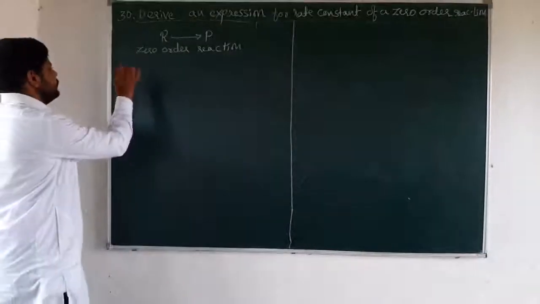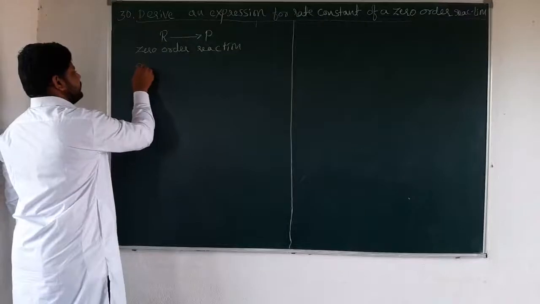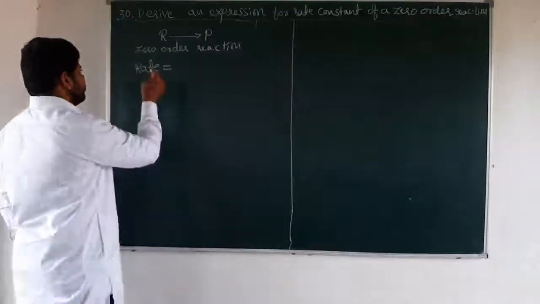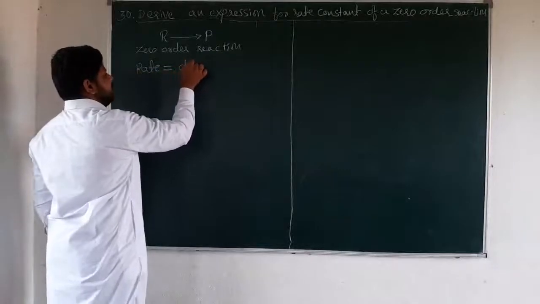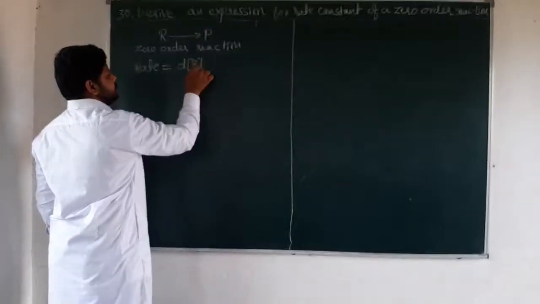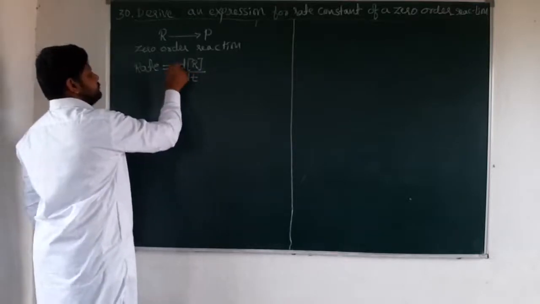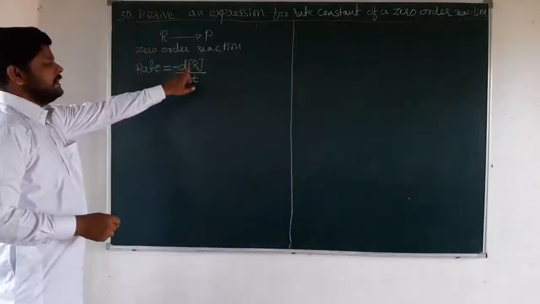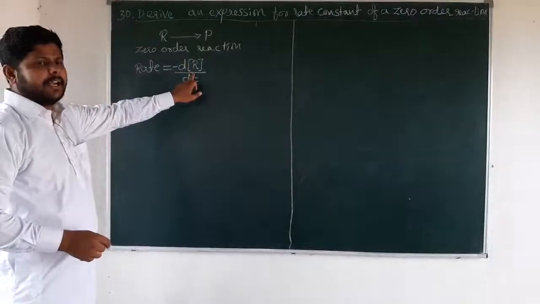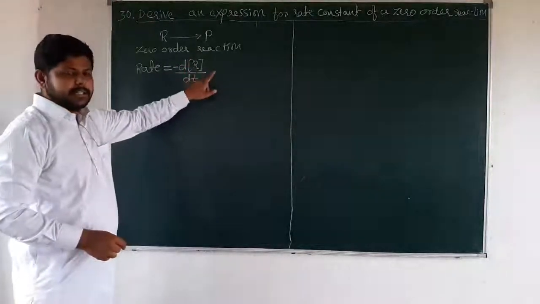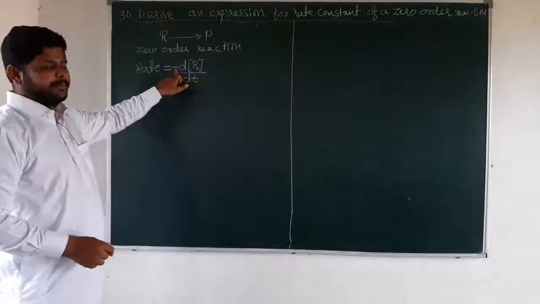According to this, rate, the differential rate, is equal to minus d[R] by dt, that is the change in concentration of reactant per time. The concentration of reactant decreases, so it is negative.